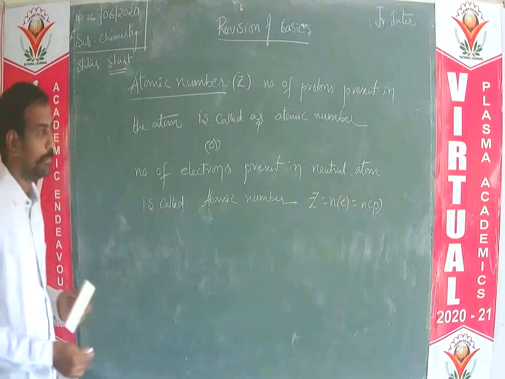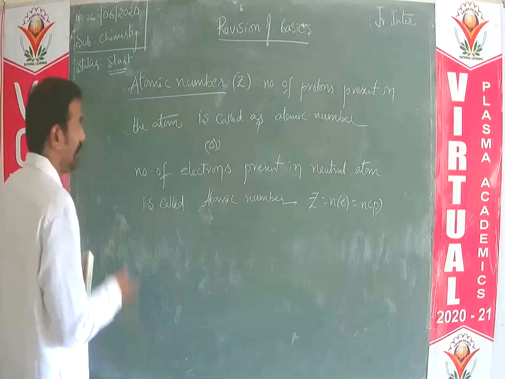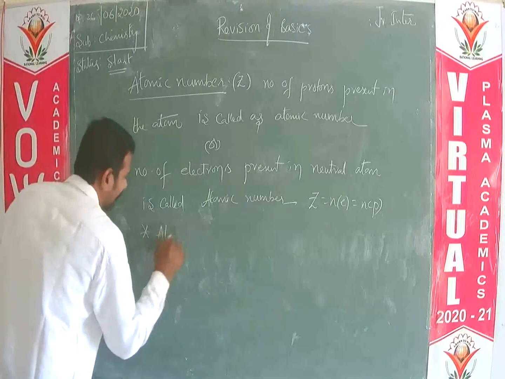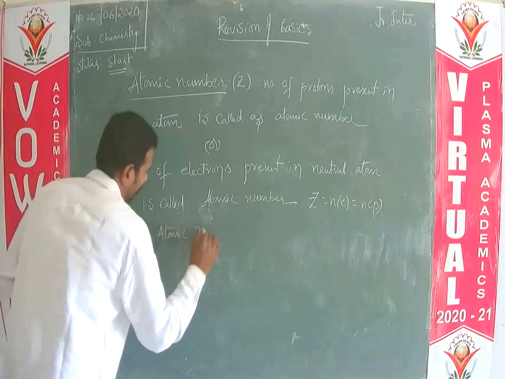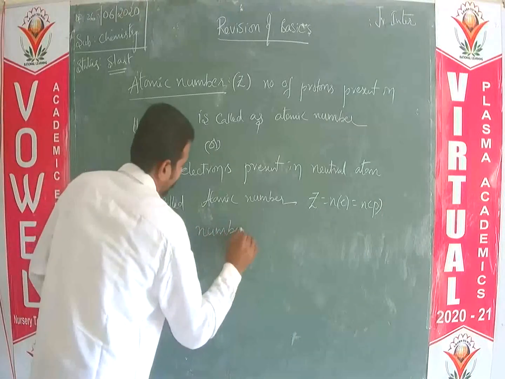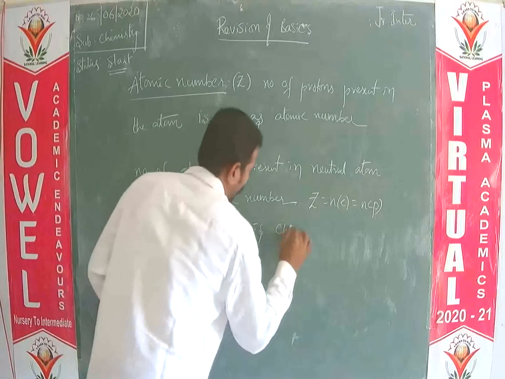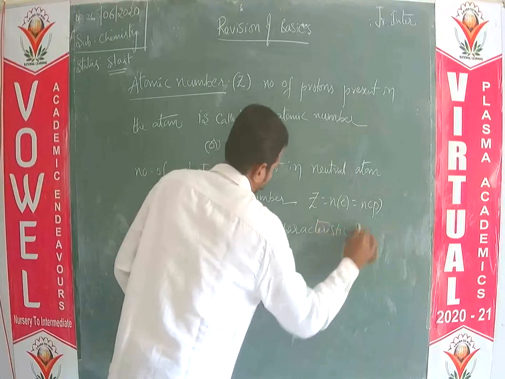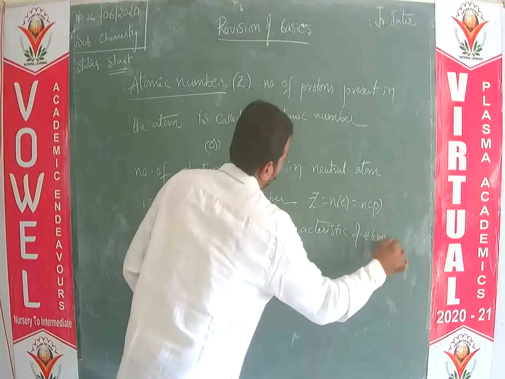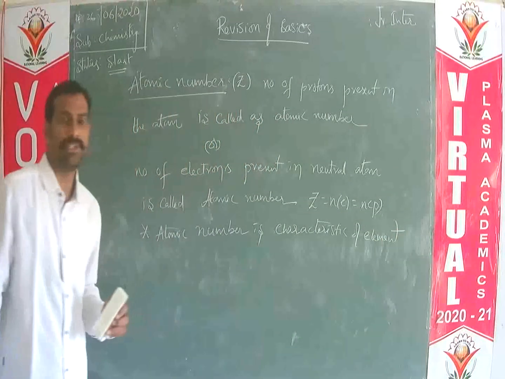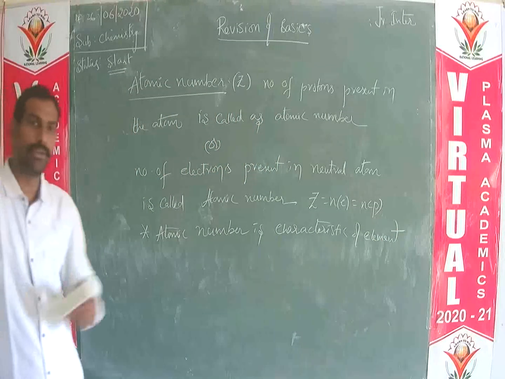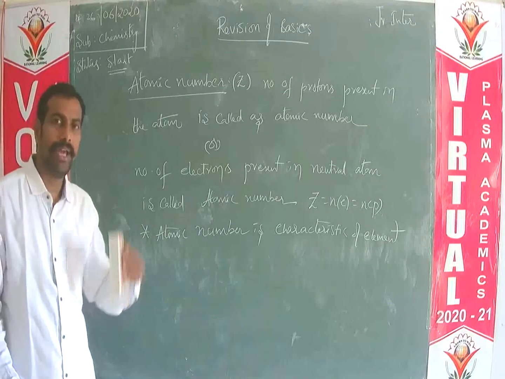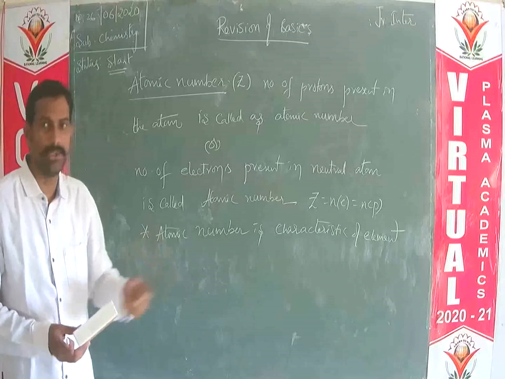Here one more point to be remembered is that atomic number is characteristic of the element. What is the meaning of this? Characteristic means, for example, if you take your fingerprints, no person will have the same fingerprints as you.